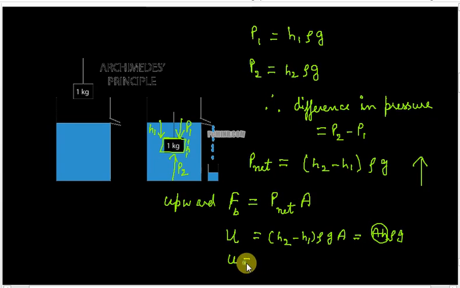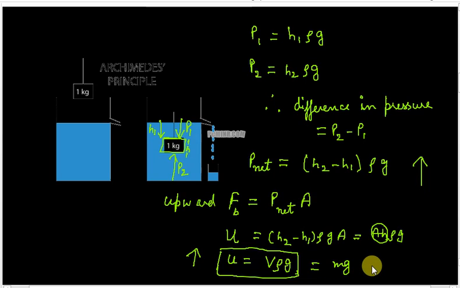Therefore, upthrust is equal to the volume of the object into density of water into g. So we find that the force of buoyancy, or the upward force that is acting on the object, which is pushing the object upwards, is equal to V rho g or mg. That is equal to the weight of water displaced.